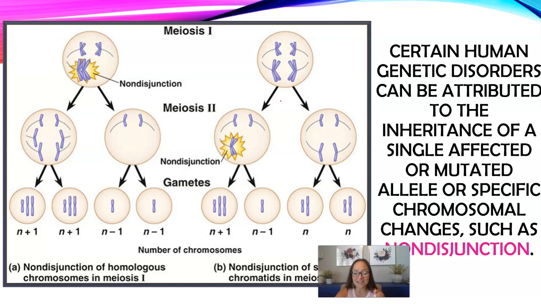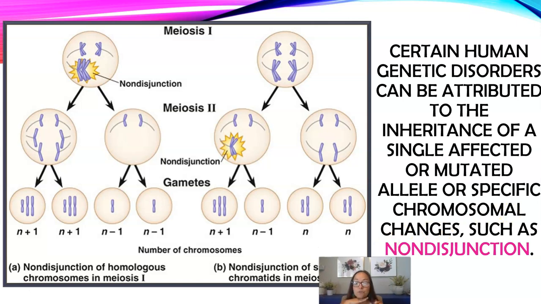And then our last slide here talks about how sometimes there can be errors in meiosis when we form these gametes. So certain human genetic disorders can be attributed to the inheritance of a single affected or mutated allele, like cystic fibrosis, Tay-Sachs, PKU.